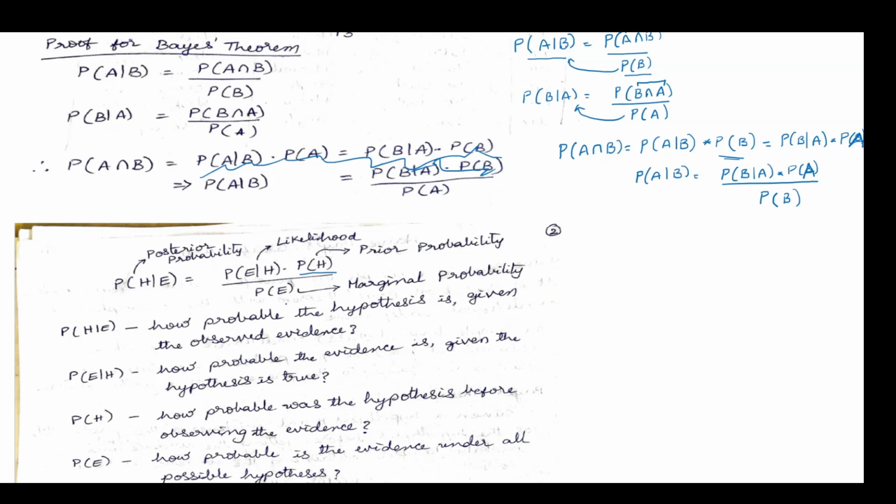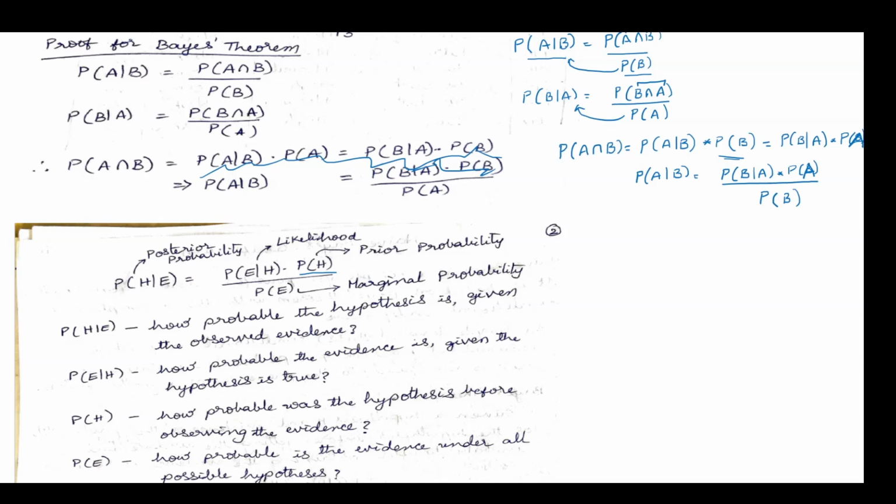P of E is the marginal probability which measures how probable the evidence is under all possible hypotheses. Whereas P of E given H, which is the likelihood, tells us how probable the evidence is given that we already know the hypothesis to be true. With these three terms, we hope to calculate P of H given E, which determines how probable the hypothesis H is given that we have observed the evidence E.